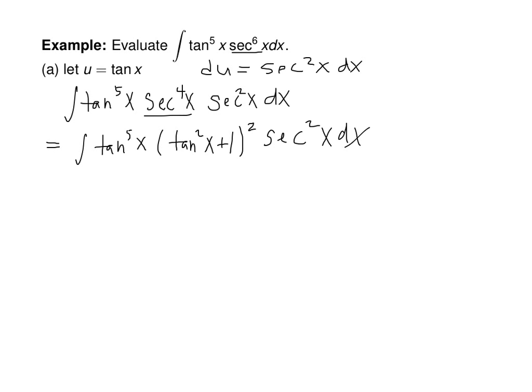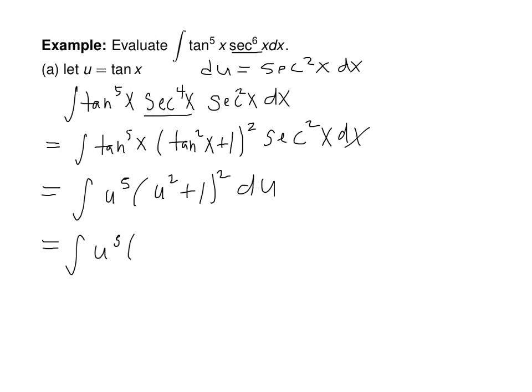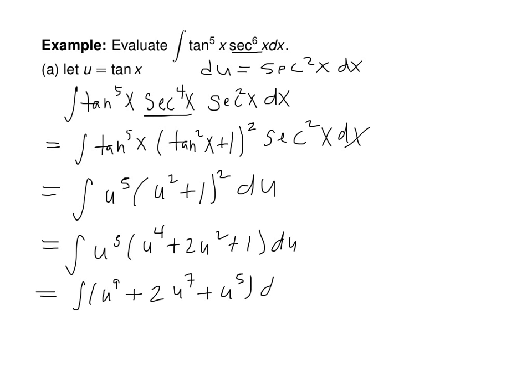And now if we do our u substitution, we have the integral of u to the 5th, u squared plus 1, the quantity squared, du, or u to the 5th multiplied by u to the 4th plus 2u squared plus 1 du, which is the integral of u to the 9th plus 2u to the 7th plus u to the 5th du.